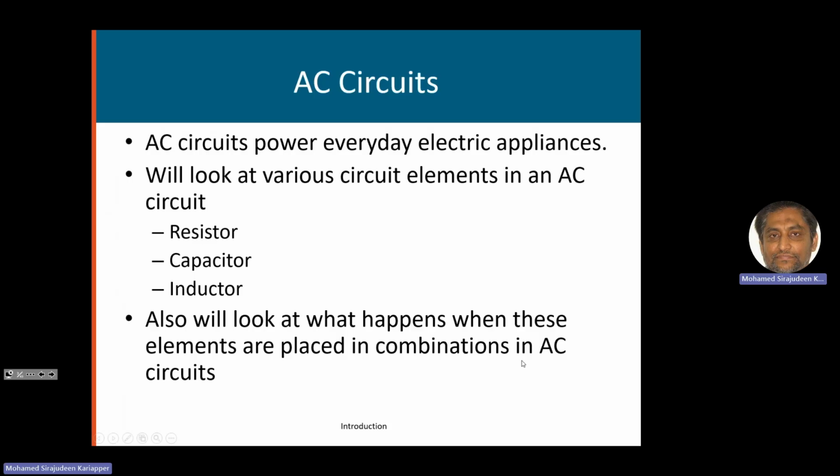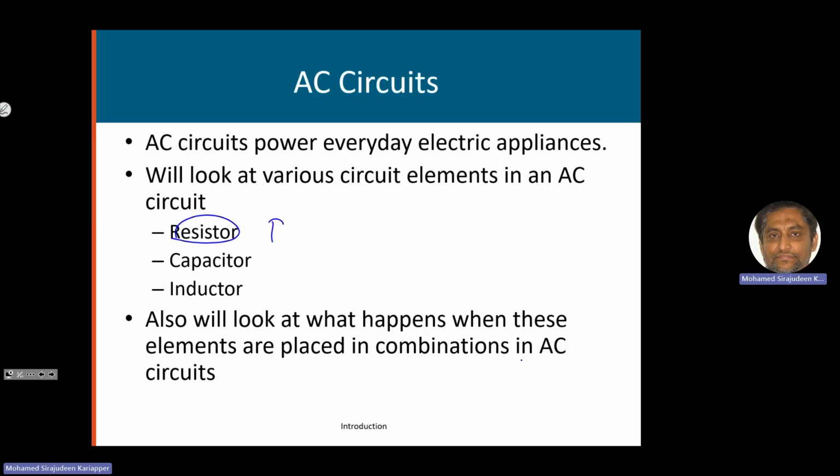AC circuits power everyday electrical appliances, at your home, even here in the university. All these power points you see there, what you get out of them is AC voltage and AC current, not steady current or steady voltage. AC means alternating. We have to look at various circuit elements. What are circuit elements?